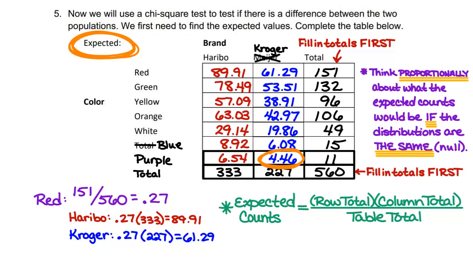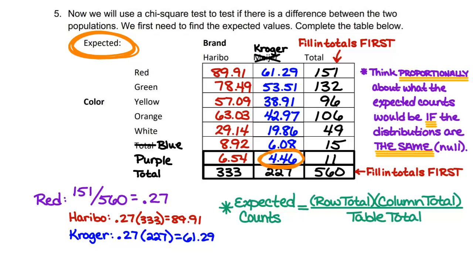And then 78.49 for green. 57.09 for yellow. 63.03 for orange. 29.14 for white. 8.92 for blue, 6.54 for purple. Make sure this is matching up with your other list. I had 0 observed blue and purple, so I'm making sure that my blue and purple expected counts are going right here.